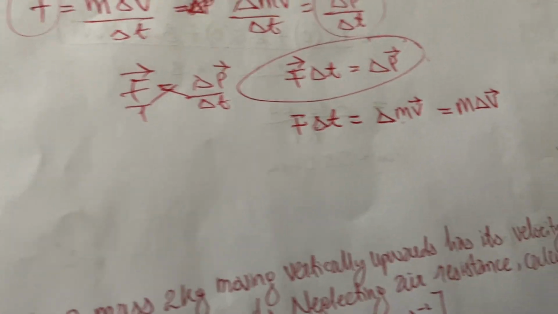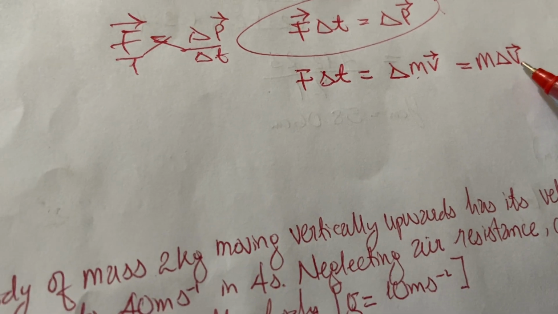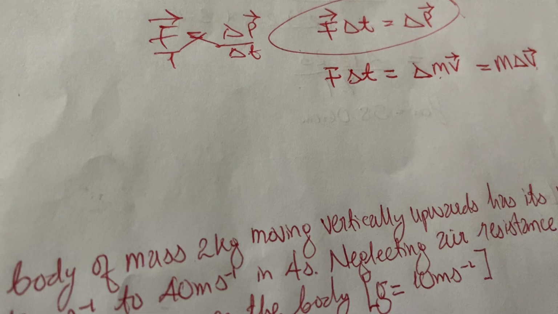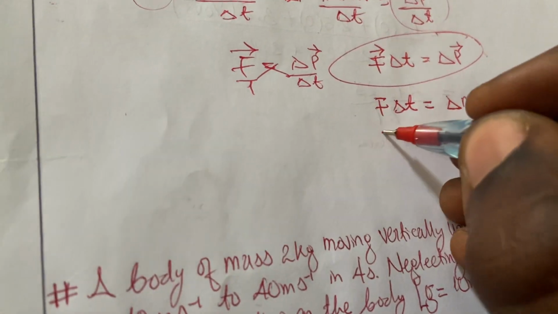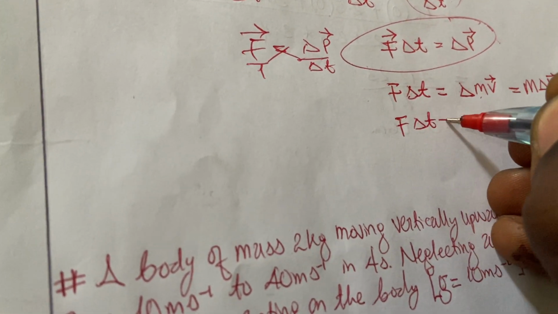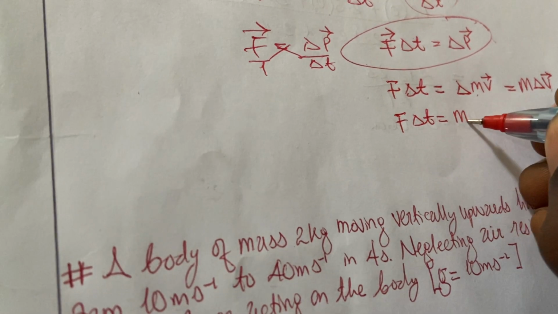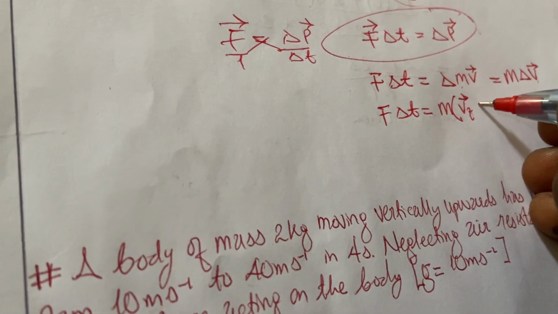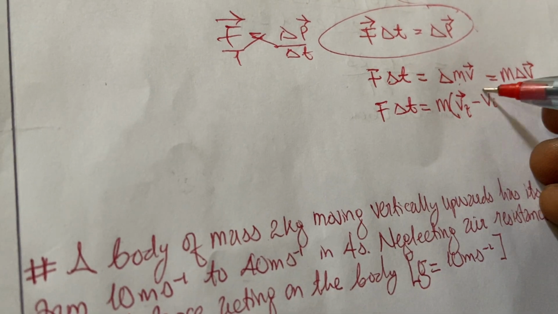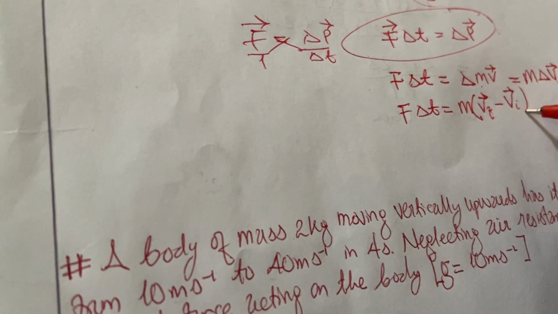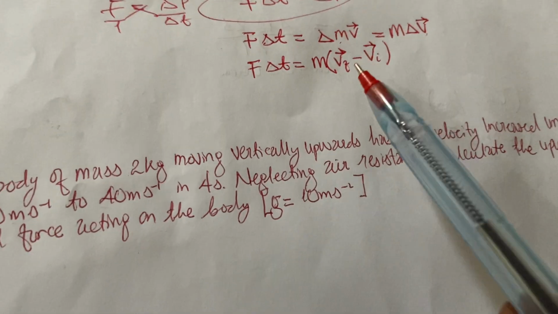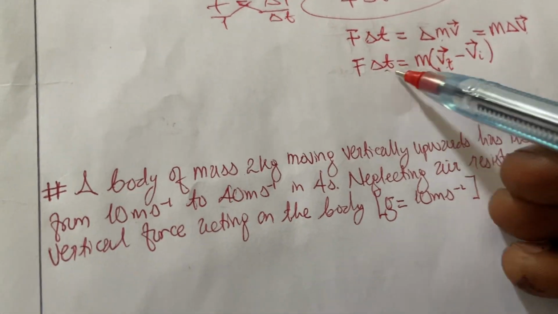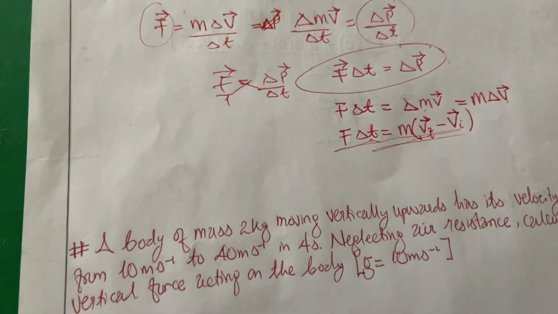It means that there is a variation of velocity. So we have the final velocity, we have the initial velocity. So I can say F change in T equals m (Vf minus Vi). This signifies the final velocity minus the initial velocity.